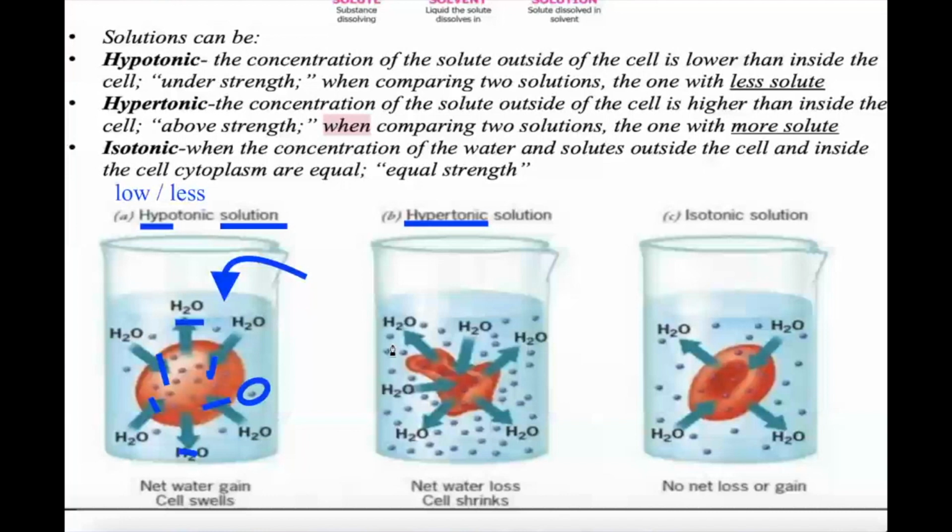So it means that the solute is more on the outside. If the solute is more on the outside, definitely the water will leave the cell. And you see now the out arrows are more: 1, 2, 3, 4. So more water comes out because the solute is more on the outside, and the cell will shrink. This is called the hypertonic solution.